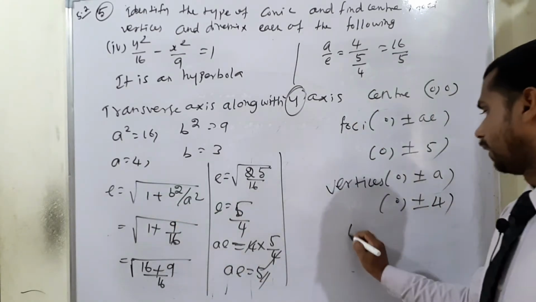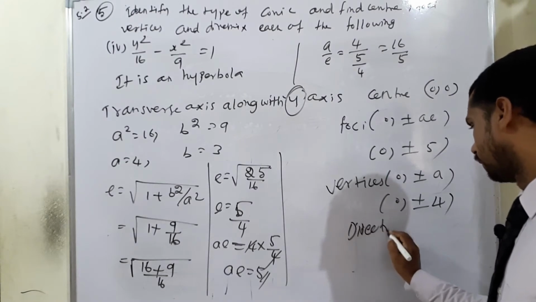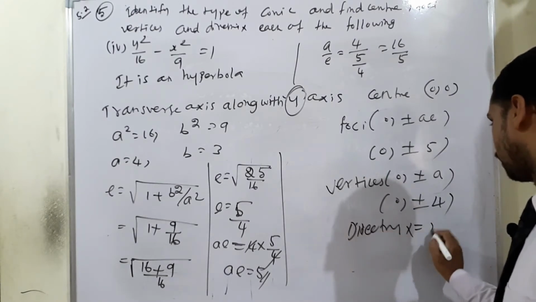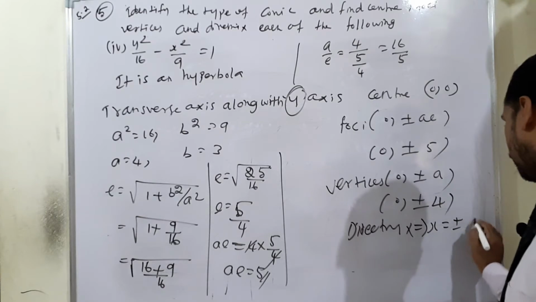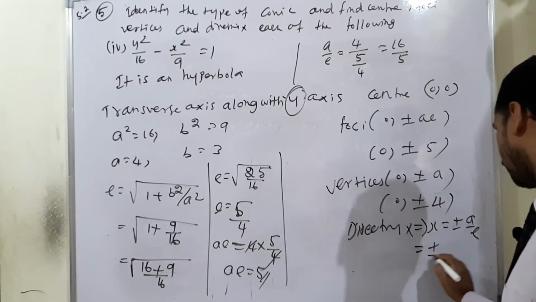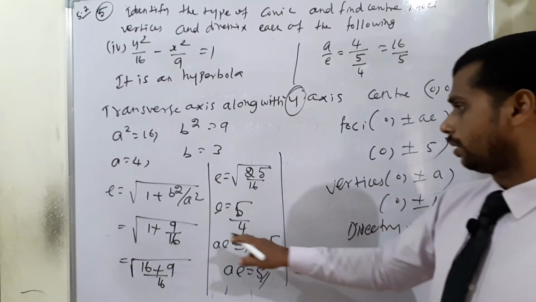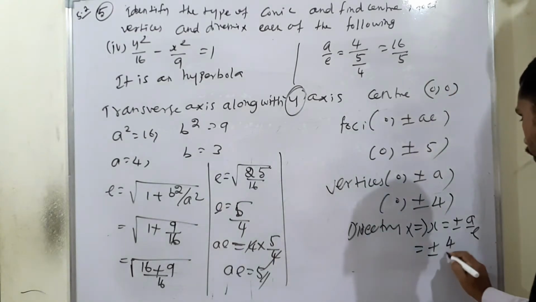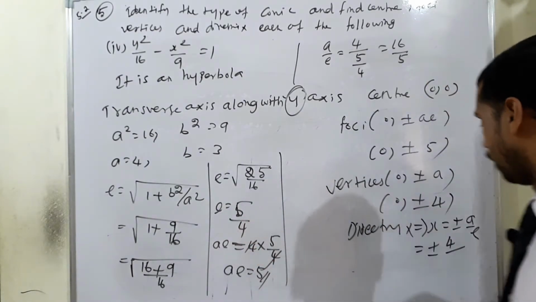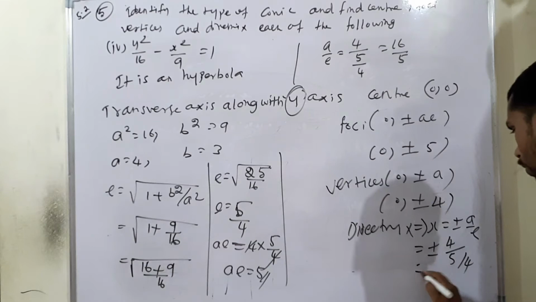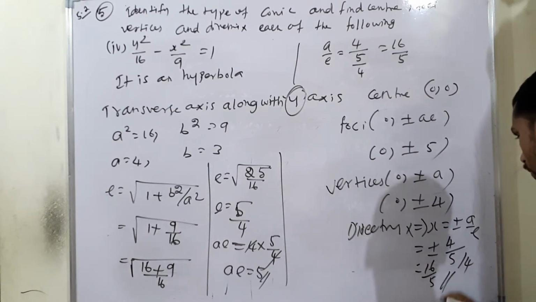The last condition, directrix: y is equal to plus or minus a by e. Here a is equal to 4 and e value is 5 by 4. Therefore 16 by 5. That is called the directrix.